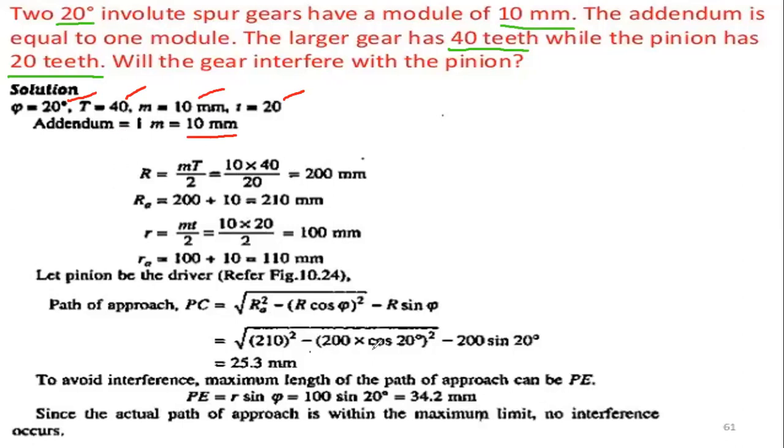So first of all, we need to find the radius of the larger circle, that is capital R. So we have a formula for that, module into teeth of the larger gear by 2. So this is the formula. Then you need to substitute the values in that.